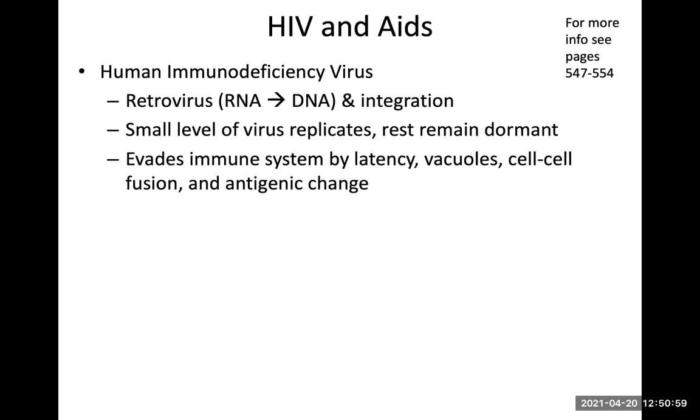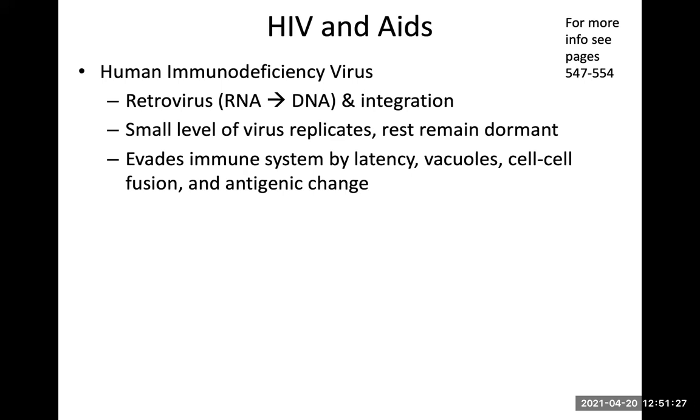And in that case, that would be our T cells, right? You'll have a small amount of virus getting produced to infect more cells, but it's very low level. And because it's a low level, and because it then inserts its genome into the cell, it doesn't kill the cell. We don't usually get symptoms.